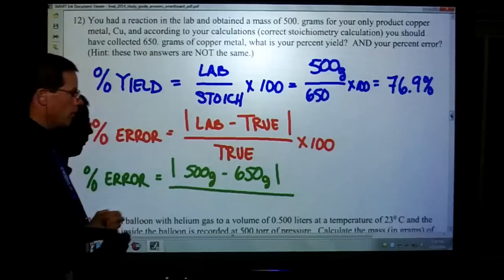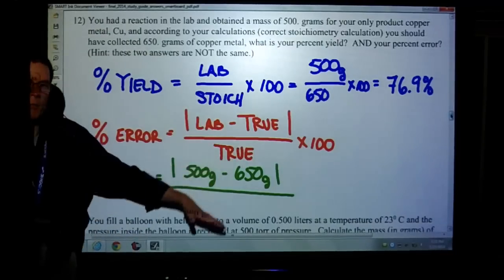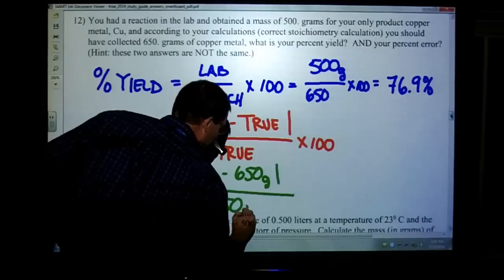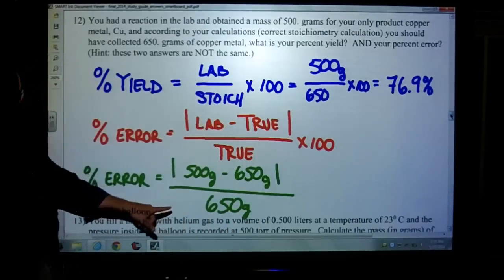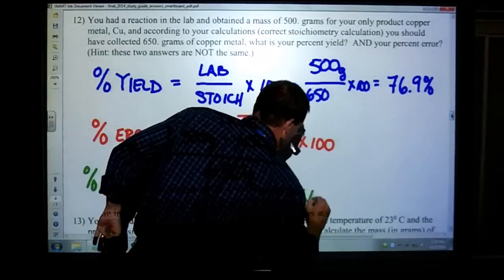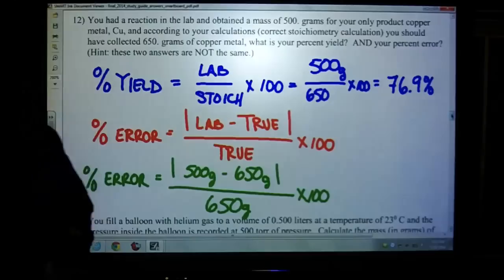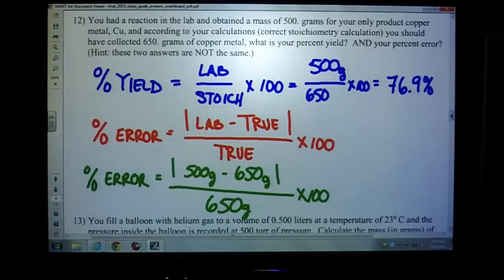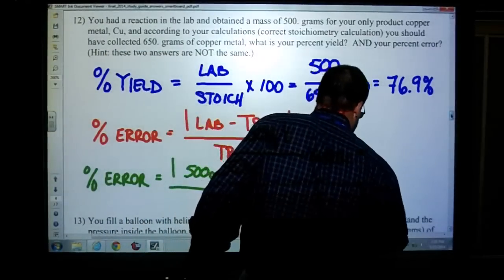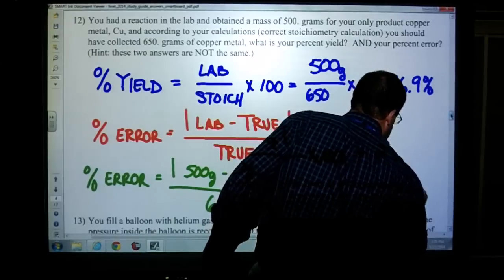So that gives me 150 grams. And again, I'm going to drop the negative. Then I will divide that by 650 grams, the true value. So 150 divided by 650 times 100. And that's 23.1%.